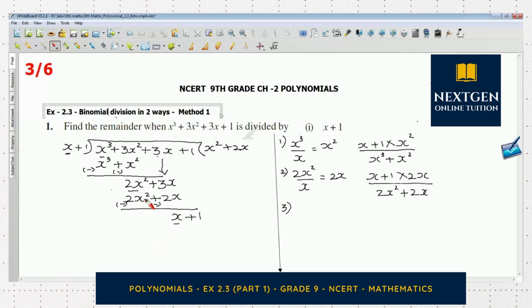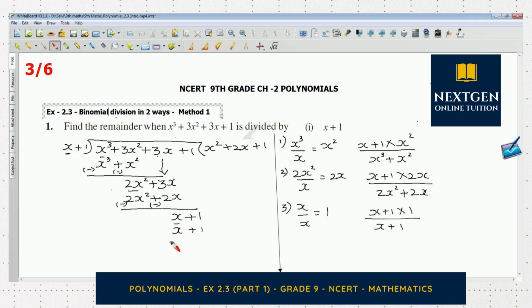Now our third step. First term of our new dividend, and here also the first term of our divisor. x by x is simply 1, that you already know. Again multiplying with our new quotient, x plus 1 multiplied by 1 is x plus 1.